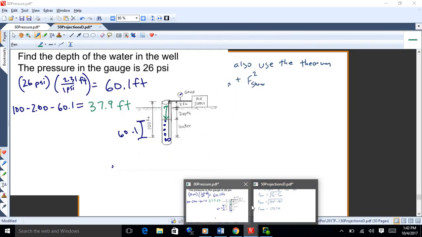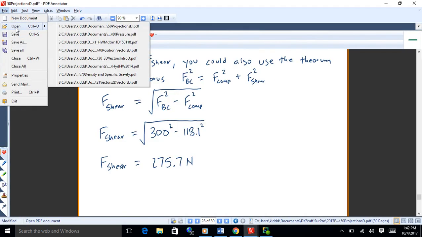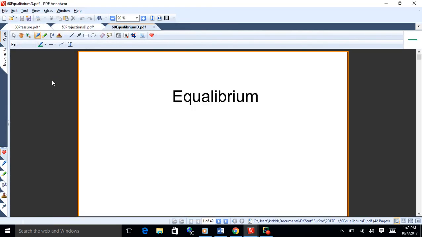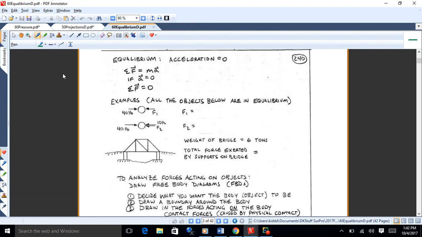So let's have a look at some basic equilibrium here. This is on 240. Now what we have is that basic equation by Newton, F equals ma. Now if a is 0, what that means is the sum of forces is 0.